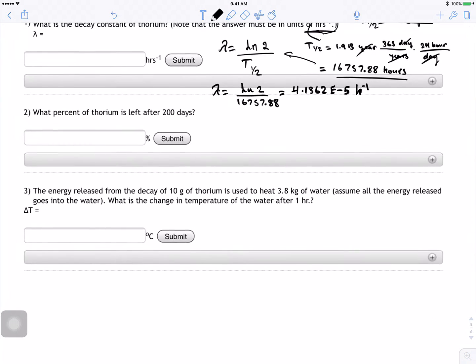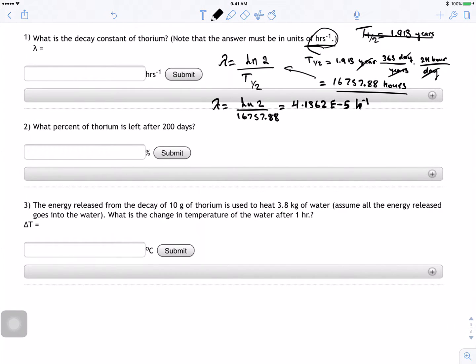And this one: what percentage of thorium is left after 200 days? The percentage is N divided by N naught, which is e to the power of negative the decay constant times t.